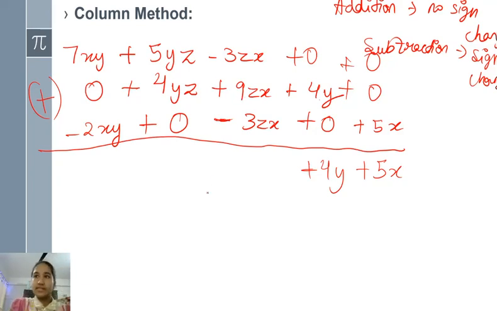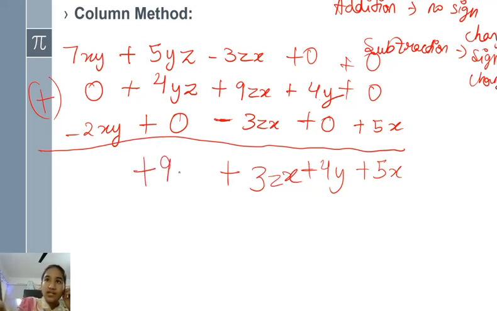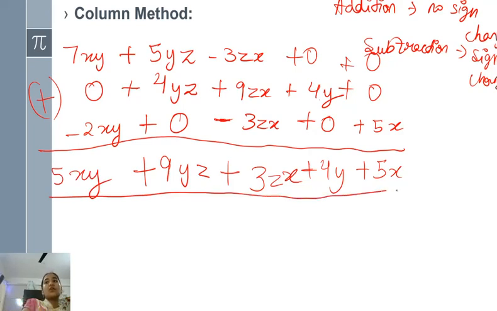It's plus 3zx or xz, same. Then all the signs are same, so plus 5 plus 4 is 9yz. 7xy minus 2xy, 7 minus 2 is 5, so 5xy. So this is your answer.